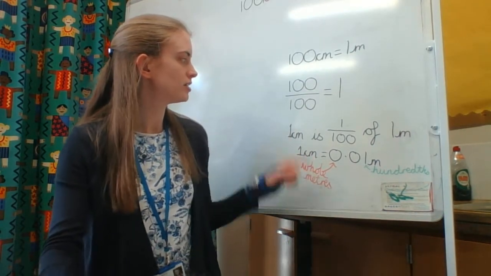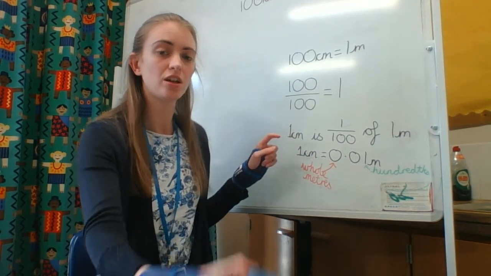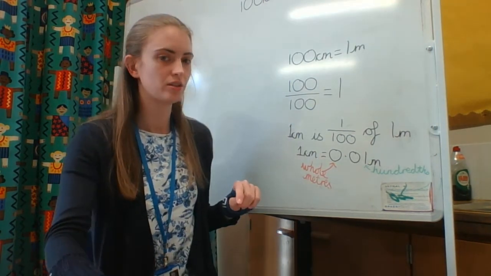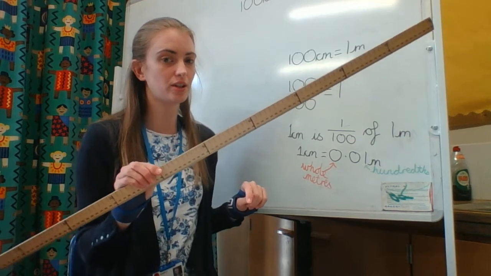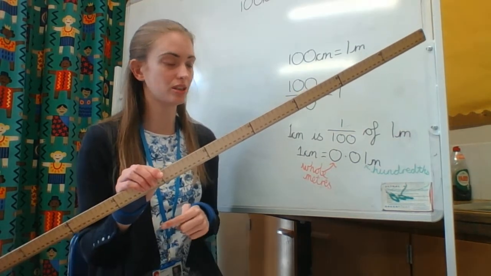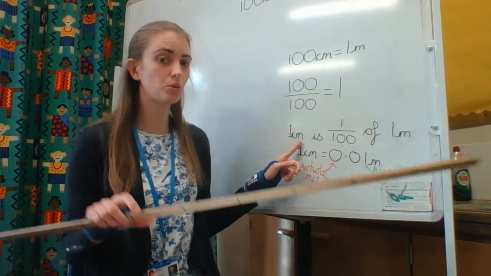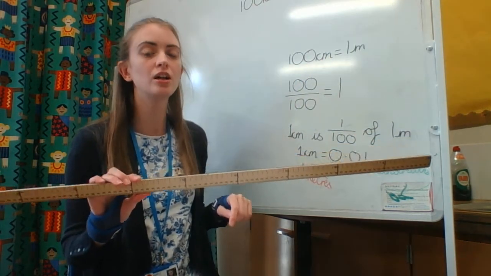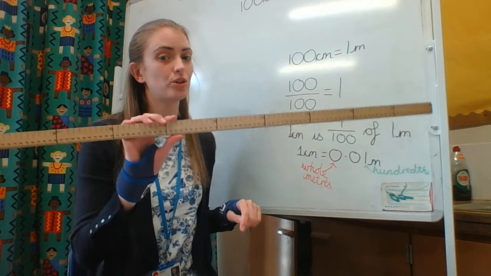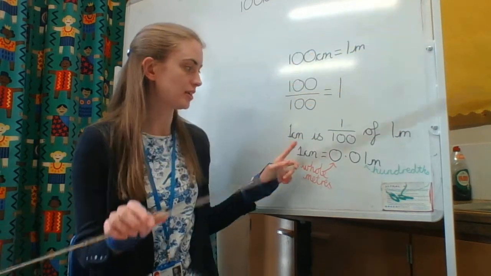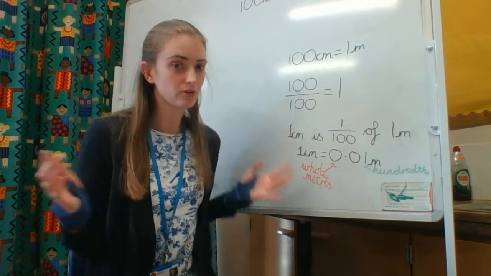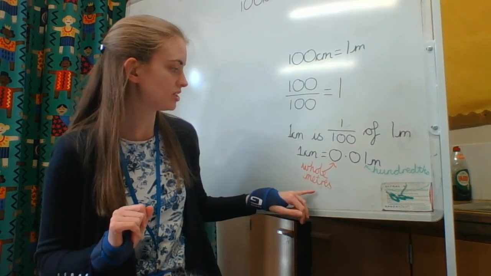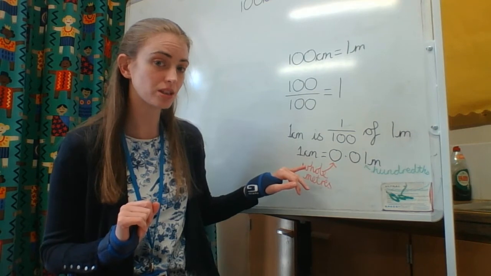And I know that 100 hundredths, 100 out of 100 pieces, makes 1. So if I split a metre up into 100 equal sized pieces, that's 1 centimetre because there are 100 centimetres in 1 metre. So 1 centimetre is 1/100th of a whole metre. That means I can write them as a decimal, because we can write hundredths as a decimal, so I can do that with metres and centimetres as well.